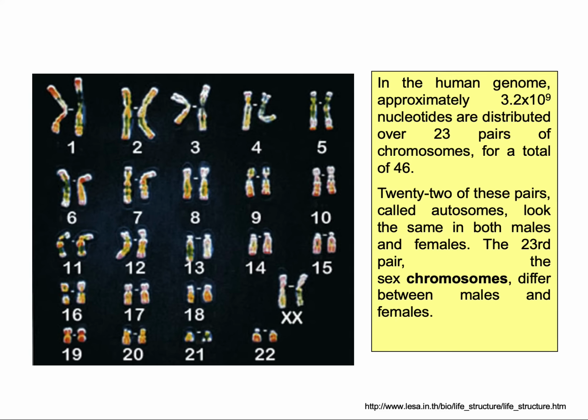So we have almost 3.2 billion of those in 23 pairs of chromosomes, a total of 46 chromosomes. 22 of those pairs are called autosomes, and they look the same in both males and females. The 23rd pair is the sex chromosomes, and they differ in males and females. Our genetic material consists of the DNA. We need to highlight here that the genome includes both the genes and non-coding DNA, and we need to understand the difference between the two.